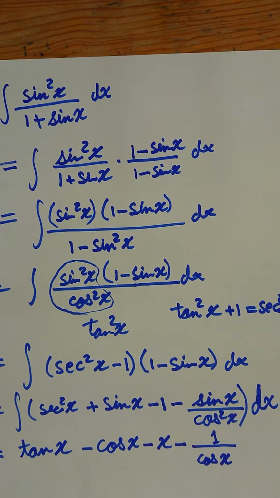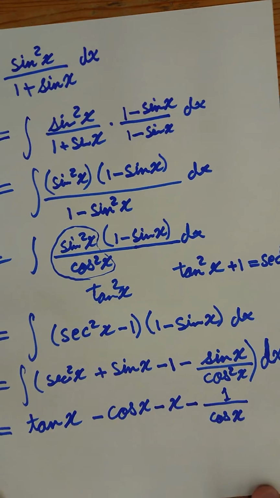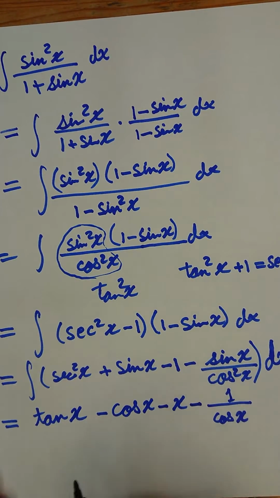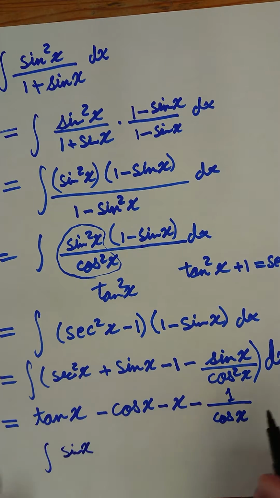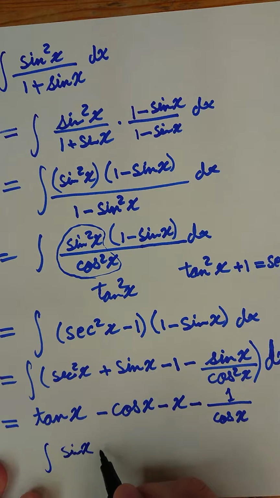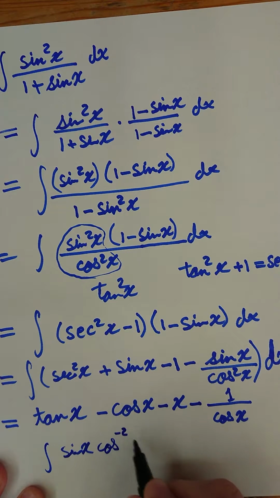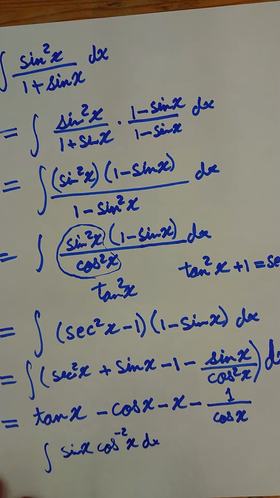So the integration of sine x over cosine square x, I can write or derive the integration of it alone, which is sine x. I will write the cosine square x as a cosine power negative 2x dx. So the derivative of cosine is negative sine. There is a negative here.